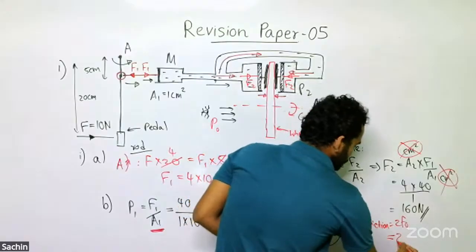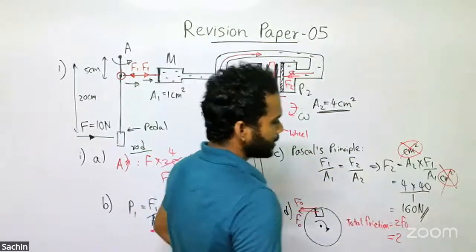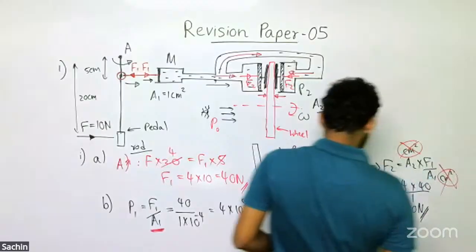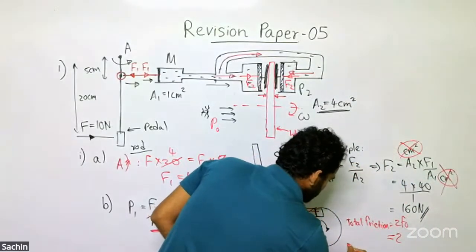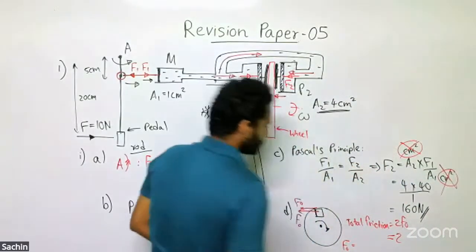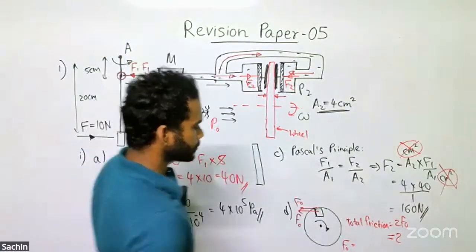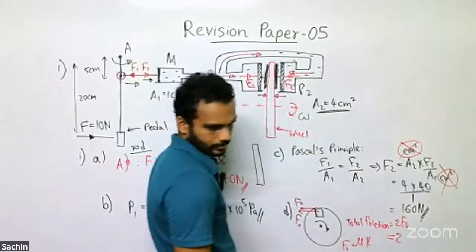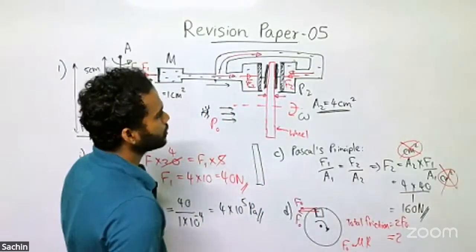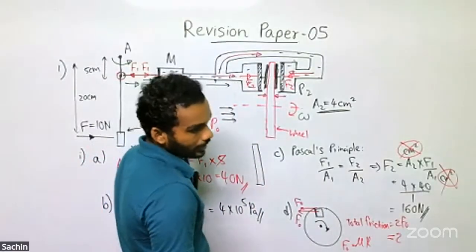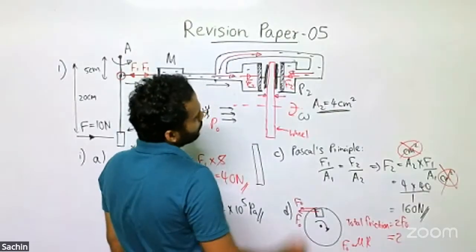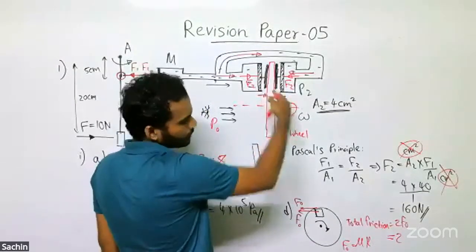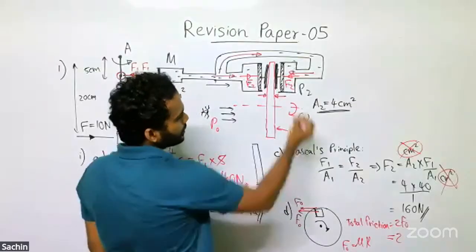So how to find F naught? In the dynamic case, friction is equal to mu times reaction. What is the reaction force here? The reaction force is the perpendicular force. If you see from this elevation, what is the perpendicular force?